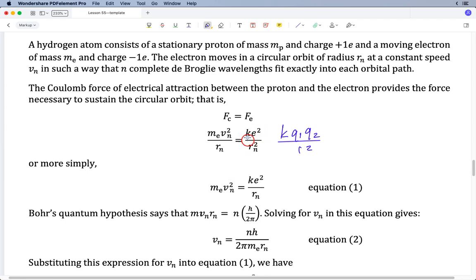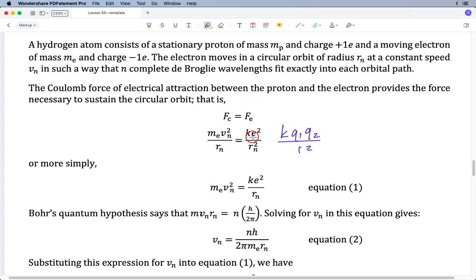We arrive at this expression by noting that the electron and the proton both have a charge equal to the elementary charge. So e here is the elementary charge. And r squared, of course, is rn squared, where rn is the radius of the nth orbit.